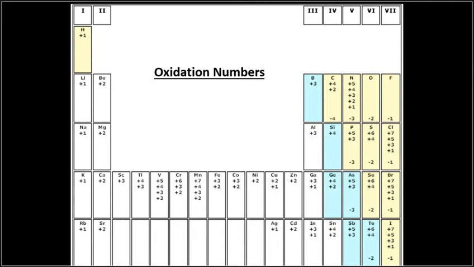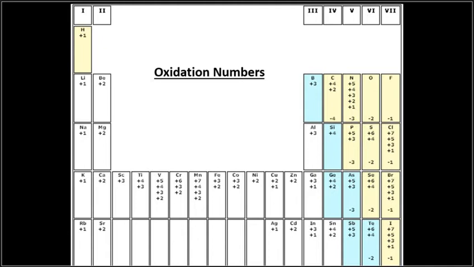Okay, last time we talked about how to determine oxidation numbers by some rules. If you take a look at the periodic chart, you will notice not all of the elements follow these rules, especially this transition metals section right through here, and some of the others up into the nonmetals and metalloids.